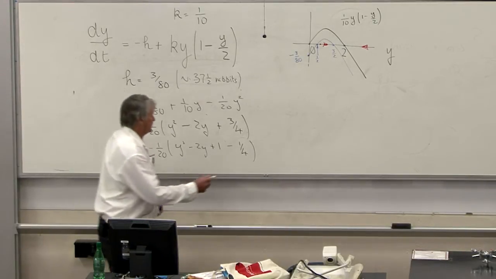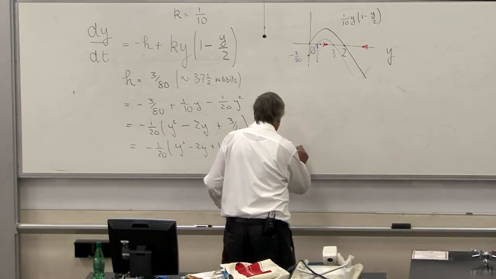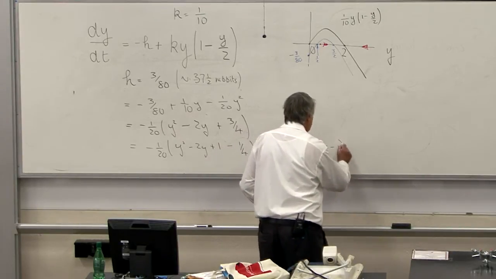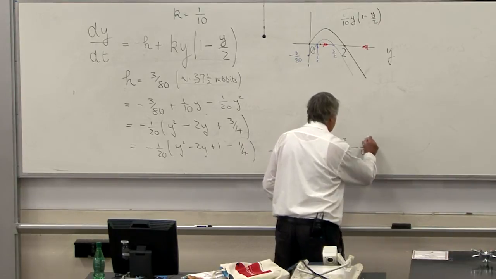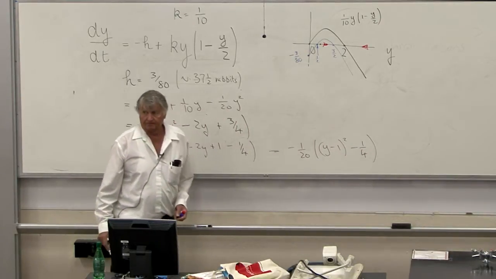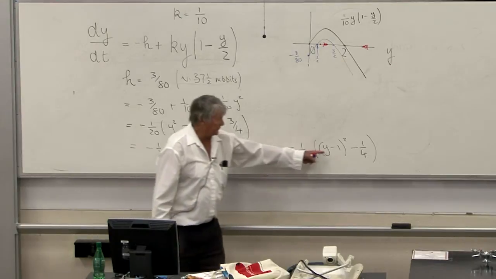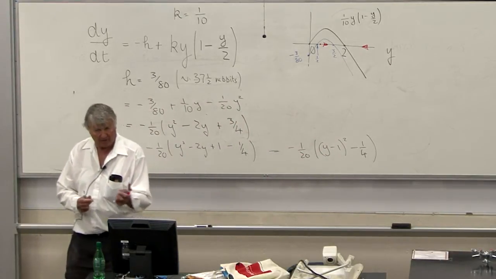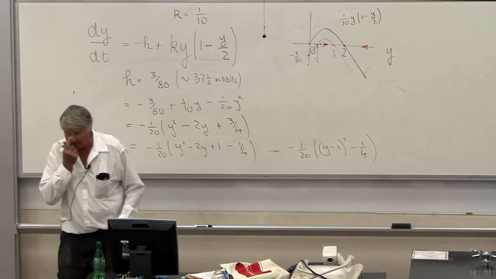But you see, this is equal to minus 1 over 20 times y minus 1 all squared minus a quarter. Now, the difference of two squares, a squared minus b squared, is a minus b times a plus b.